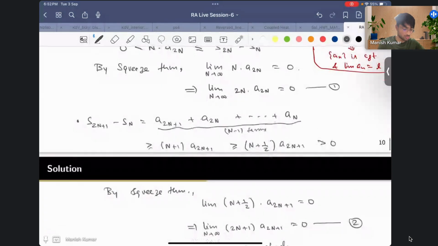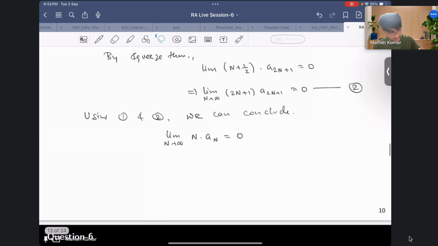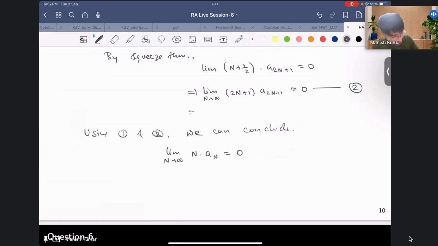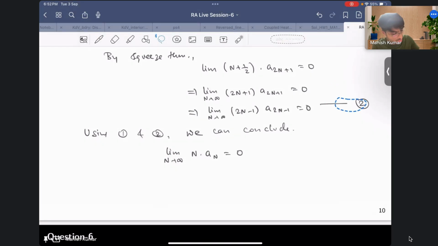Okay, so one more thing, since I messed it up, over here only you can write this line, right? So this would imply that limit n going to infinity a 2n minus 1 is equal to 0. So maybe you can write this as 2, it doesn't matter, because the sequential behavior depends on large n, so it doesn't matter even if you include one term.